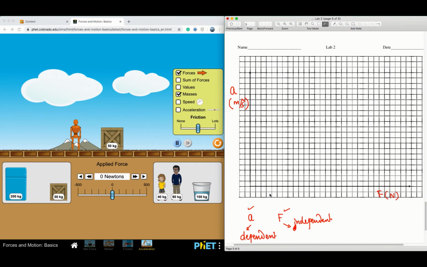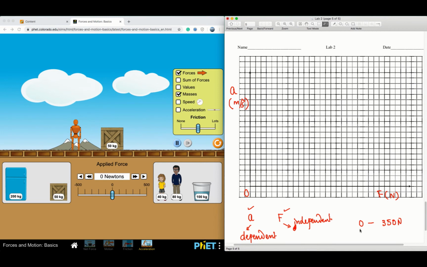The next thing is we need to choose the right scale. Okay, so last time we learned that we want to choose the scale in such a way that it covers as much of the graph as possible. In our data, we have force from 0 all the way to 350 newtons.